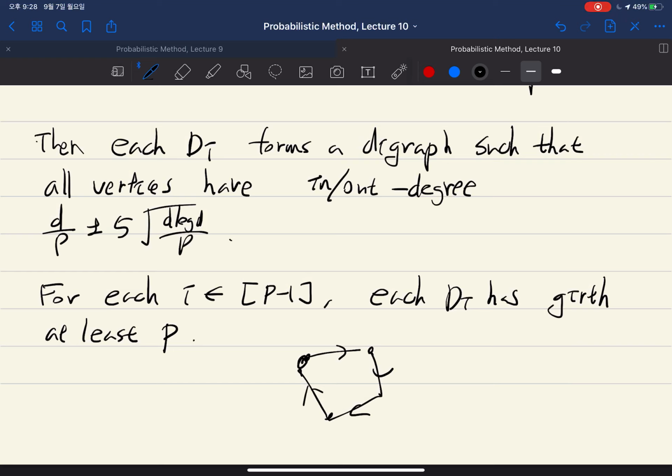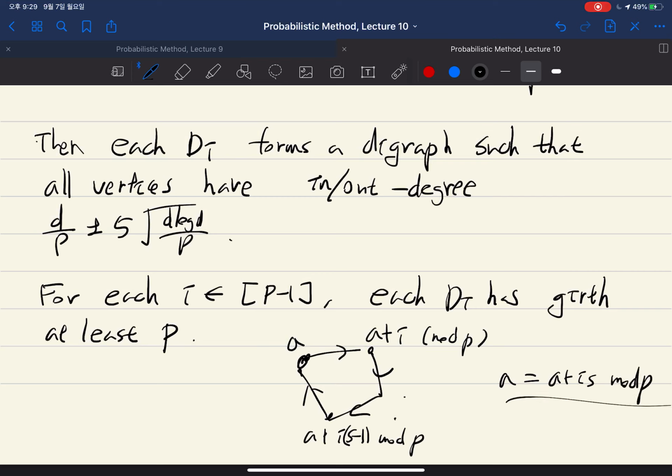The f value of this vertex is a, and the next f value must be a plus i modulo p, and so on, a plus i(s minus 1) modulo p, where this cycle has length s. Then a and a plus is must be the same modulo p, which means s is divisible by p.